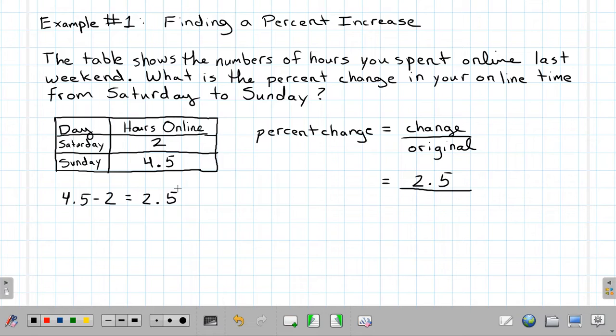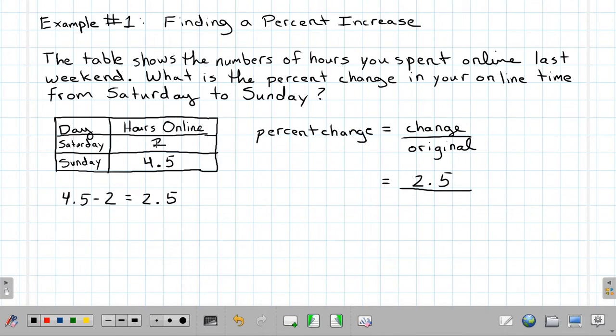The only other thing we need is the original amount. The original amount of hours comes from Saturday, because we're going from Saturday to Sunday. So on Saturday we had 2, our original amount is 2, and on Sunday our final amount is 4.5.